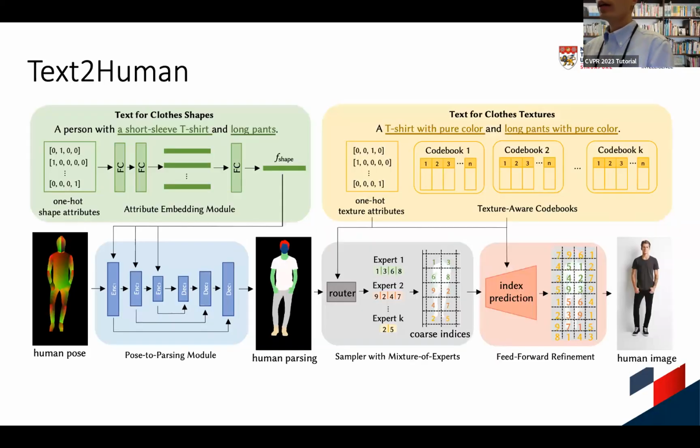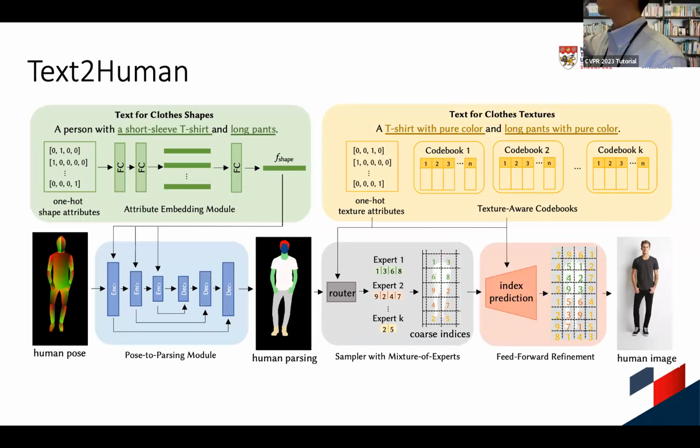So finally, how can we build this text-to-image into a specific field, like text to human? Here you may want to use the prior inside that field. For humans, a natural idea is to separate the human into shape and texture, right?